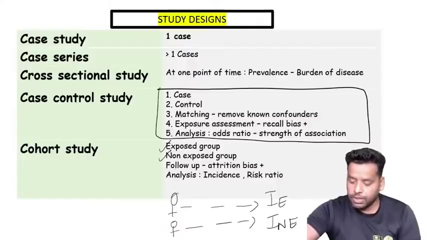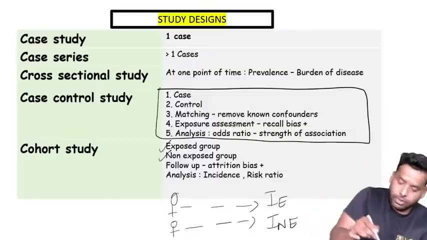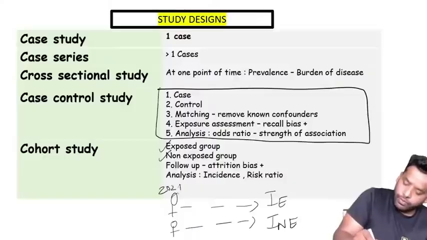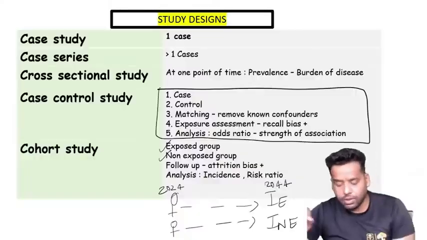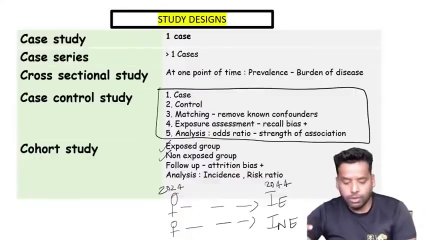Now tell me, what is this study? Prospective cohort study. Yes. If you start from 2024, you are going till 2044. This is prospective cohort study. What you get from cohort study?